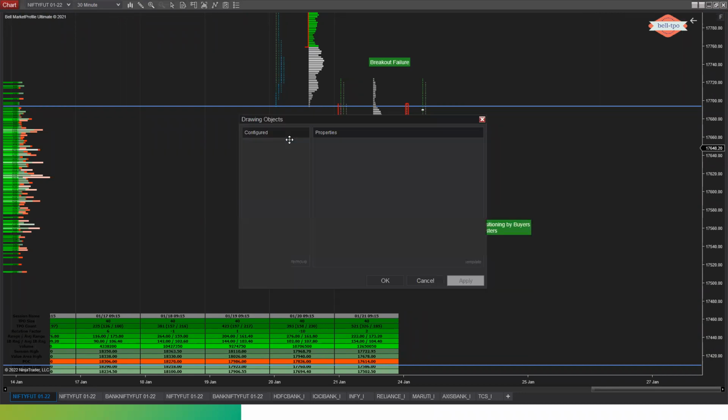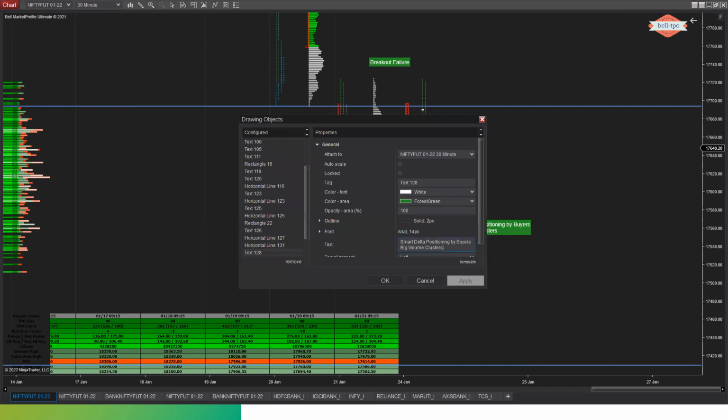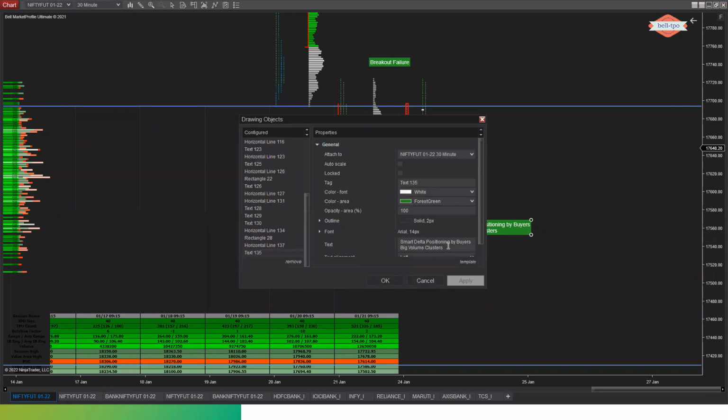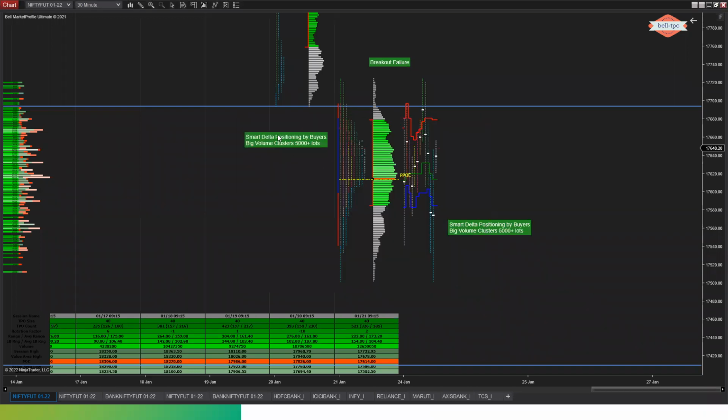Some 5,000 plus lots got onboarded over here. 5,000 plus lots, not number of shares, 5,000 plus lots. Again in the second half, at the L period, when the price was spiking down and rallied back up, I was seeing some 5,000 plus lots of smart buyers. So twice some smart money got onboarded over here, and then they're holding up.